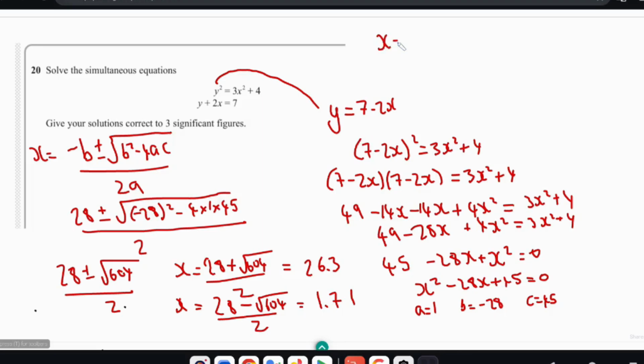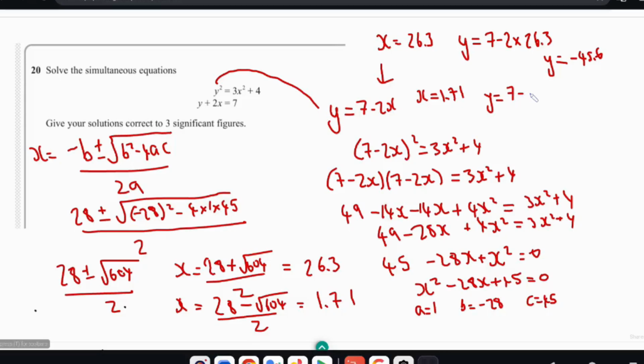So when x is 26.3, I'm just going to sub it into this formula to find y. So 7 minus 2 times 26.3 is minus 45.6. And when x is 1.71, y is 7 minus 2 times 1.71, which is 3.58. Right, let me just highlight my answers here.